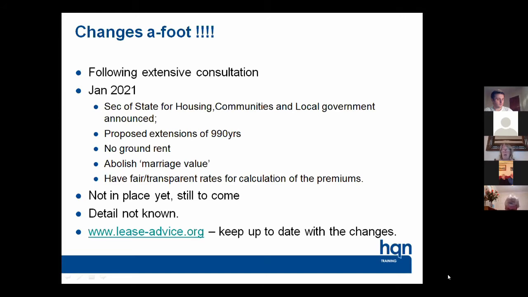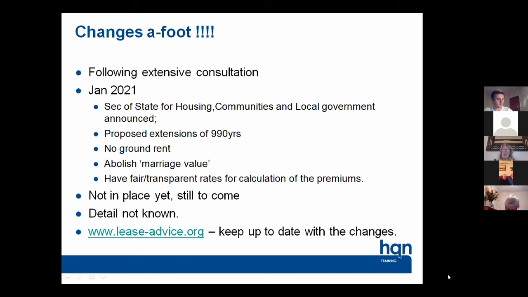What you don't want to do is allow the lease to whittle down to 80 years when this isn't in place, and you find that you may want to sell your property and you can't because it's a lower number of years on your lease.